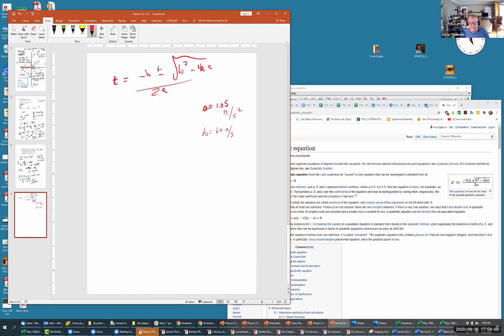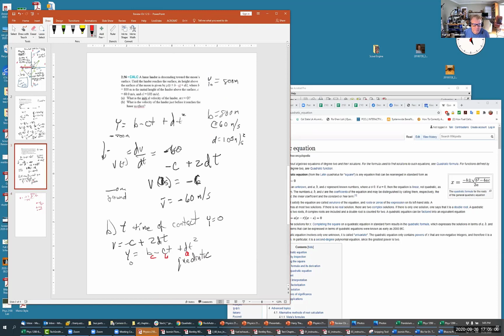You guys check me out here. Equals 800 meters. Right? Yeah. a is the acceleration, b is the speed, and c is the initial y.